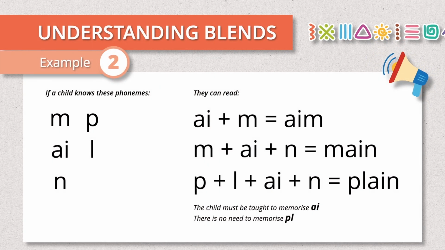If a child knows these phonemes, m, a, n, p, l, they can read a, m, aim; m, a, n, main; p, l, a, n, plane. The child must be taught to memorize a. There is no need to memorize pl.